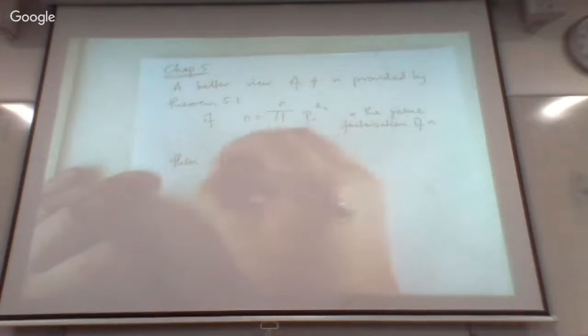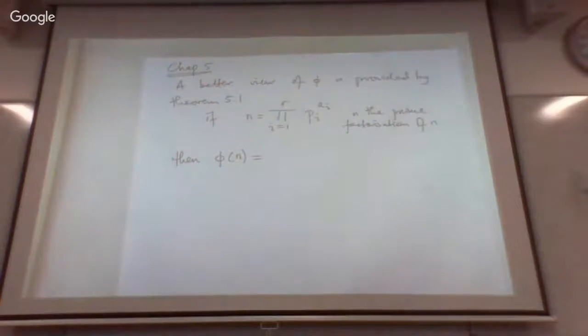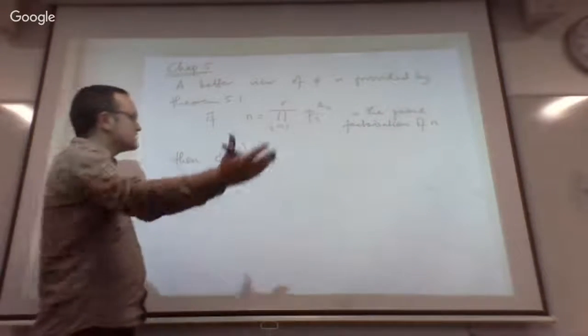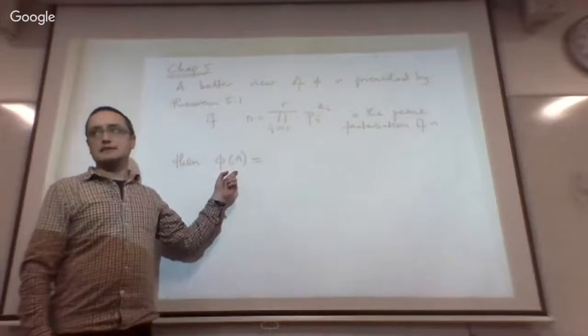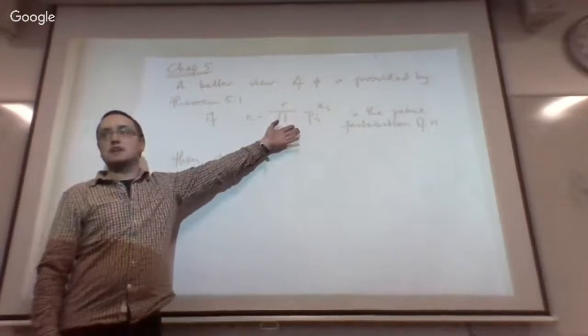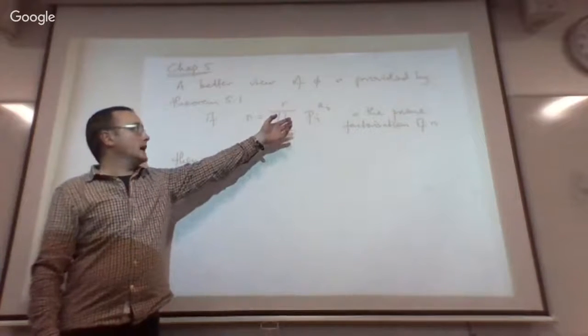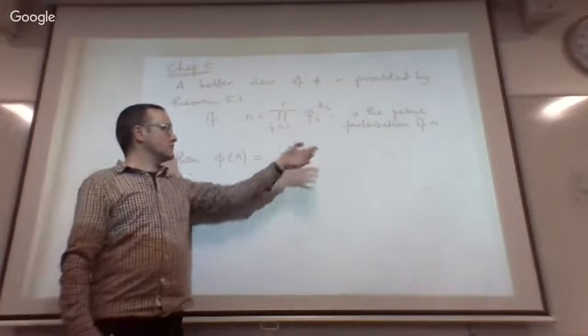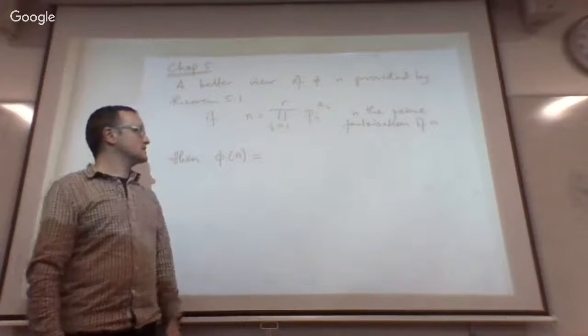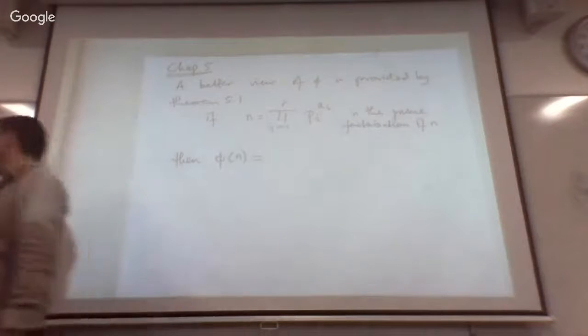Well, what Theorem 5.1 gives is a really handy, beautiful, relatively straightforward to understand formula for what phi of n is based on the information here. Okay? It's not quite a prime factorization of n, because there are some extra factors in there. But it's very much an expression like this.